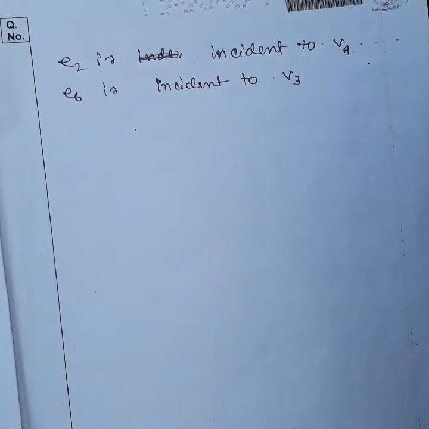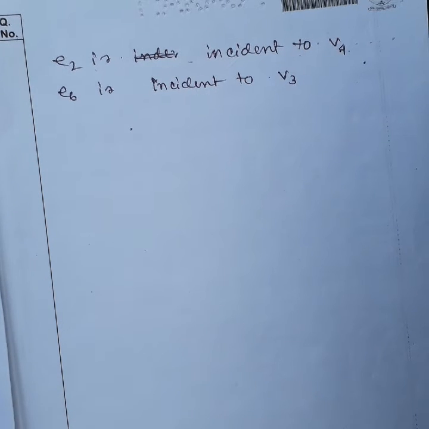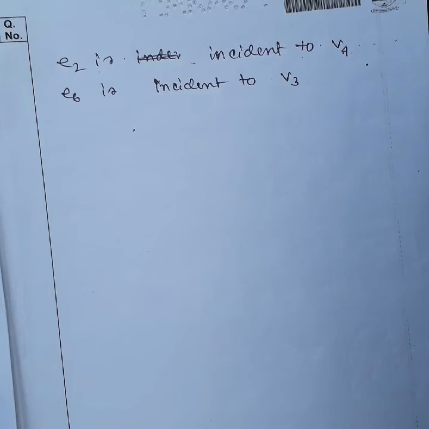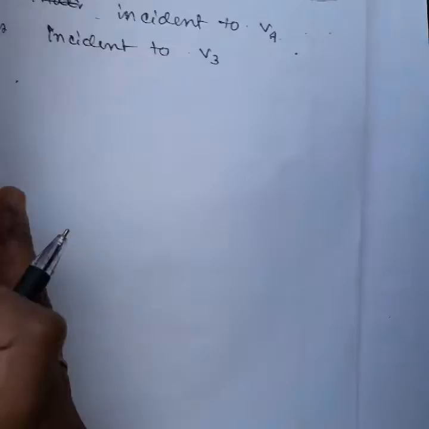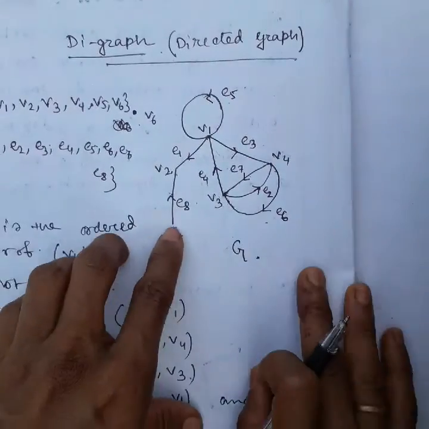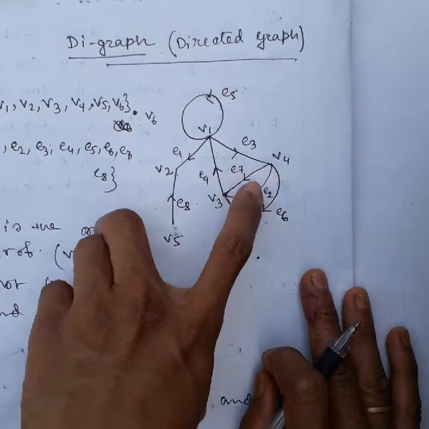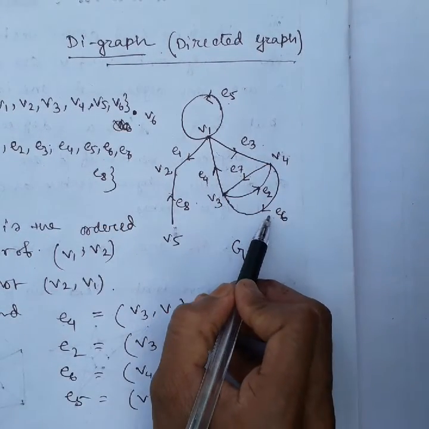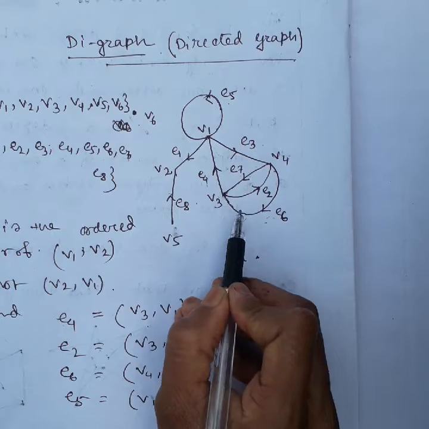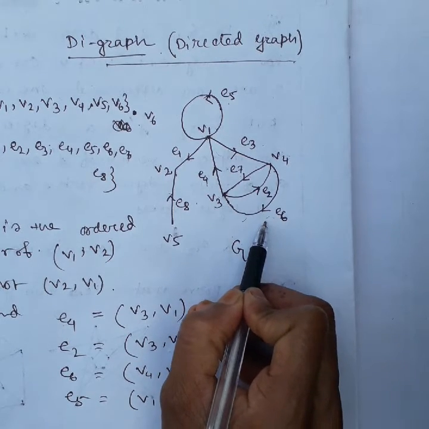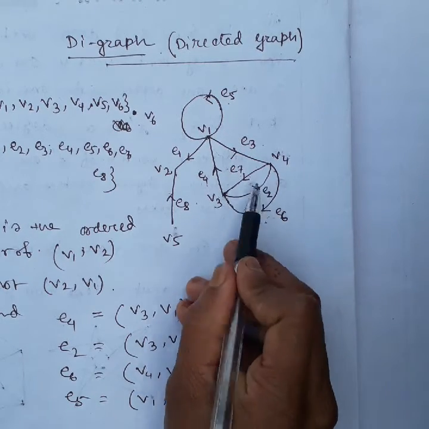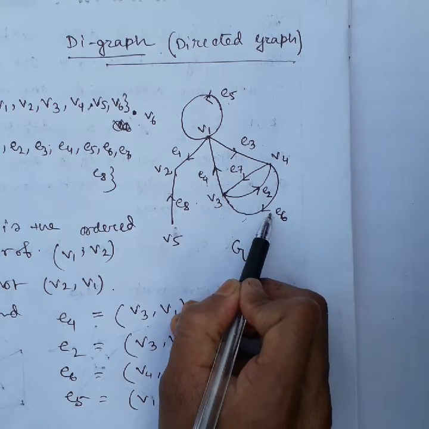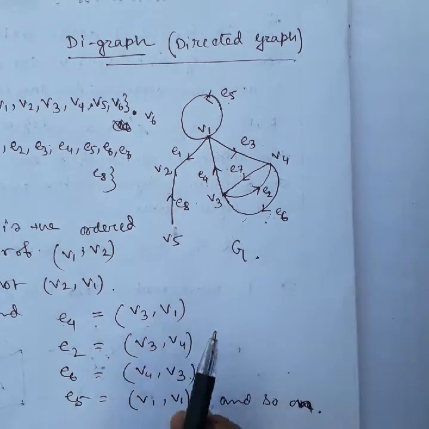That means of the 3 edges between V3 and V4, E7 and E6 have the same direction, so they are parallel to each other, but E2 has the opposite direction, so E2 is not parallel to E7 or E6. Clear?